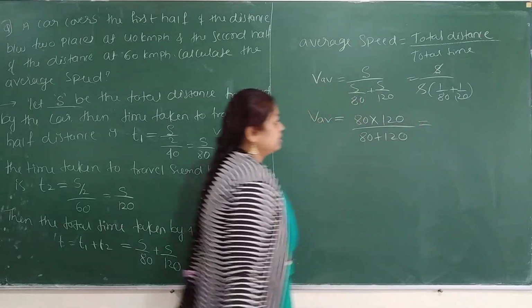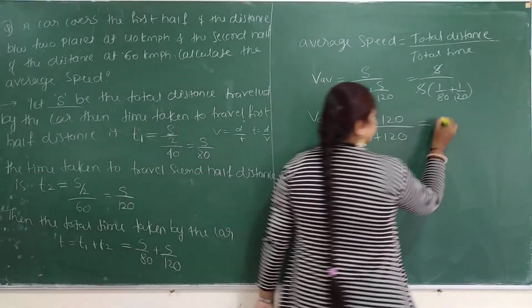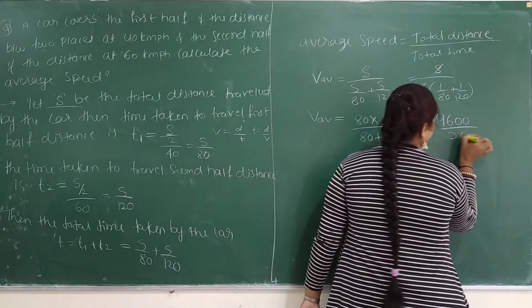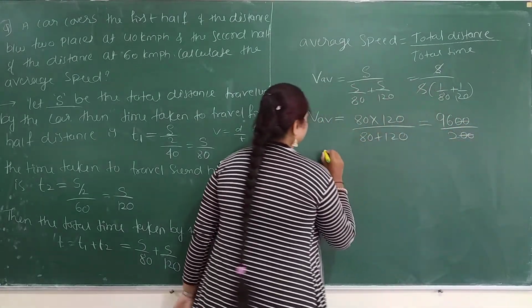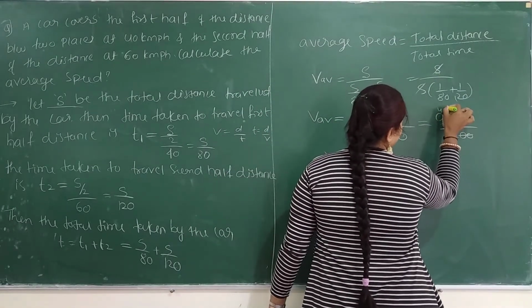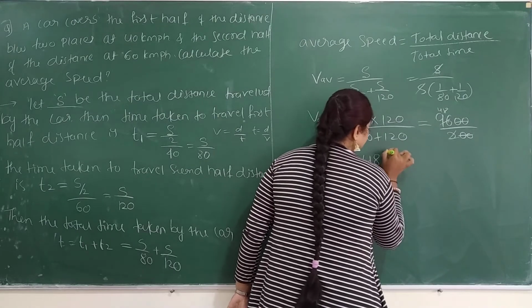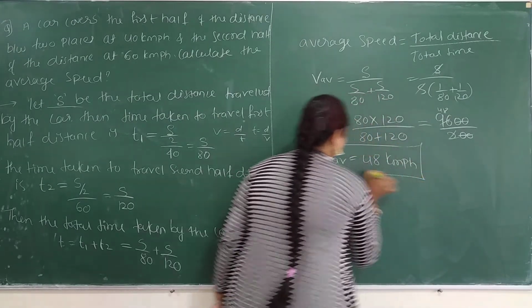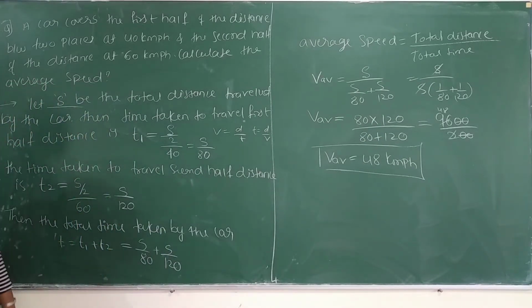Just calculate here, 12 8s are 96 divided by 200. Then your average velocity will be 2 1s are 2, 4s are 2, 8s are 48 km/h. The average velocity of the car is 48 km/h. So this is the solution.